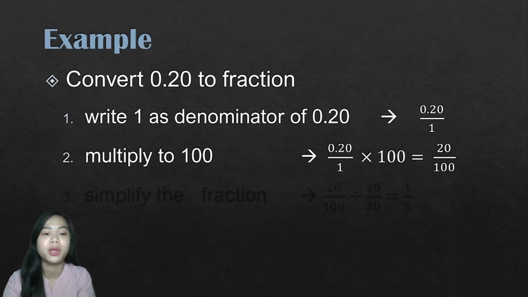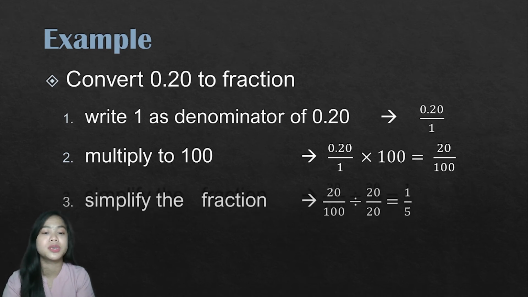Second step, we have to multiply it by 100. So we have 0.20 over 1 times 100, equal to 20 over 100. So we have 0.20 times 100, that is 20, and then 1 times 100, that is equal to 100. So we have a fraction here, 20 over 100.